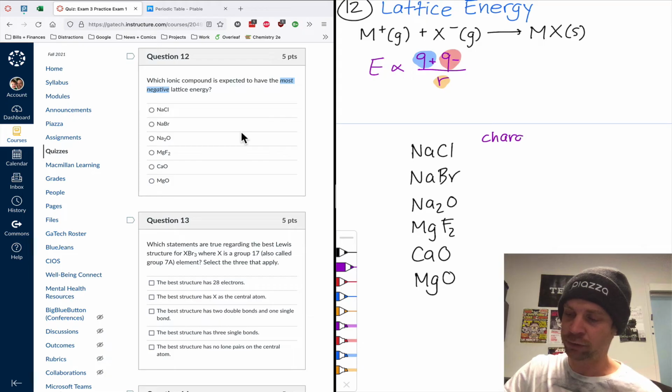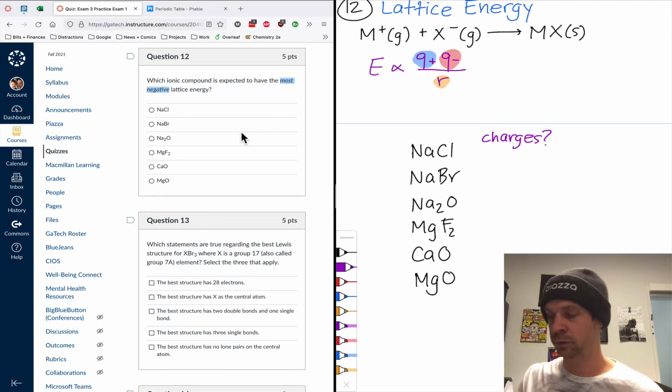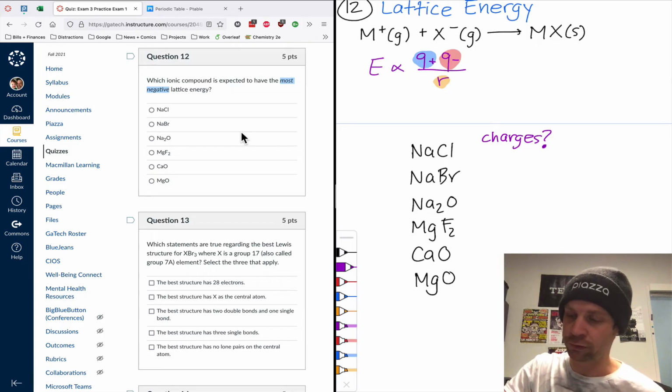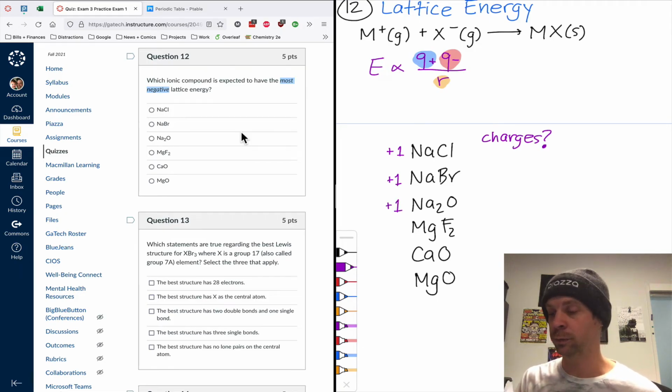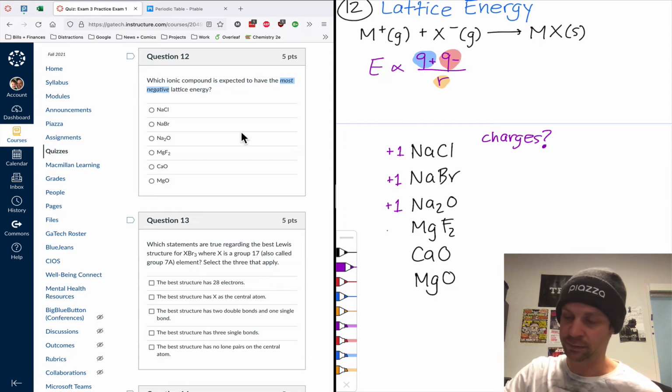Thinking about charges first will allow you to rule out some ionic compounds that clearly don't have the most negative value of lattice energy. So let's just lay down the charges for each of these. I'll put the cation on the left: +1, +1, +1. In Na2O, we're only concerned with the charge of one of those sodium cations.